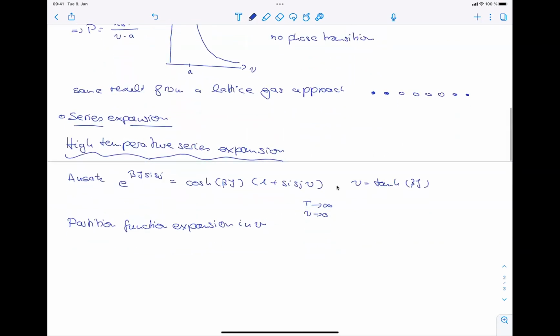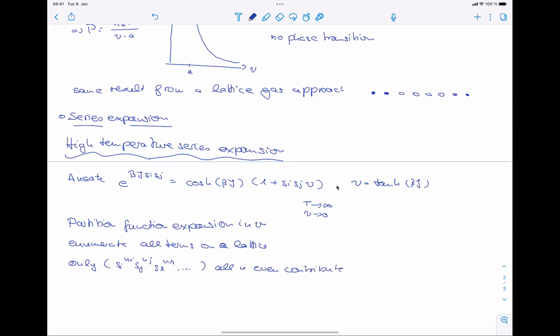And so when we do that, we need to enumerate all terms on a lattice, and we find that actually only terms of s_i to the power of n_i, s_j to the power of n_j, s_k to the power of n_k contribute with all n even.